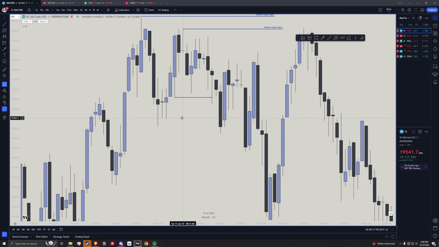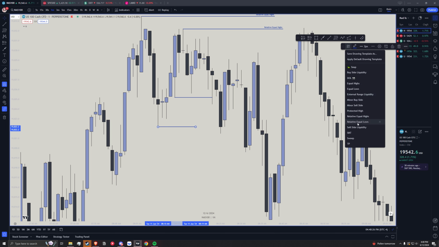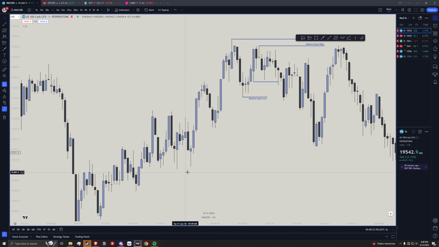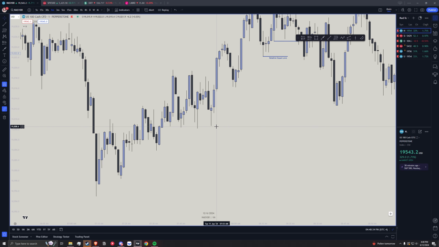And you can also consider these two candles right here, or these two candles right here, relative equal lows as well, which means there is more liquidity here that wants to be taken. And we can see even down here, this is a great example of relative equal lows, right?